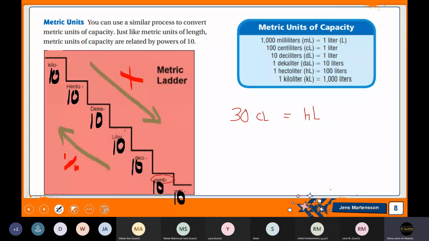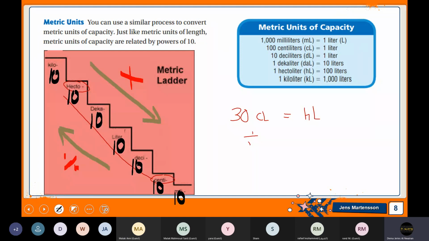You want to go to the hectoliters. Here is the hecto. When you go from centi to hecto, you go up, so you will divide.